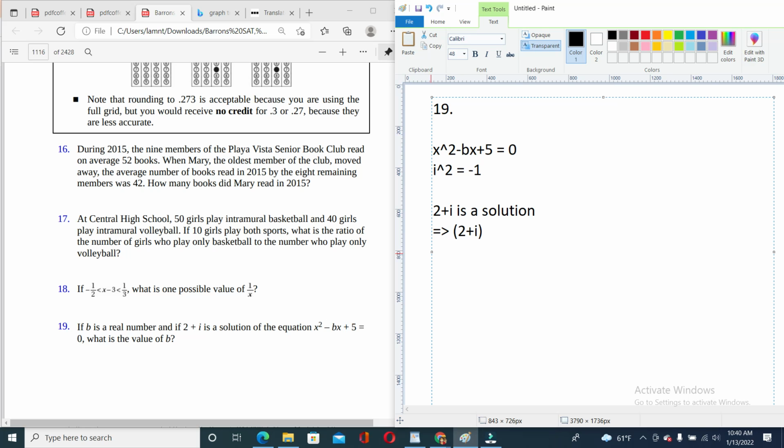So (2 plus i) squared minus b times (2 plus i) plus 5 equal to 0, right? Okay, so we can just expand the bracket as normal. So 2 squared plus 2 times 2 times i plus i squared.